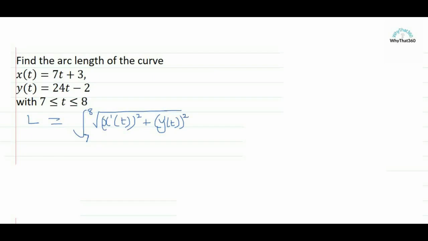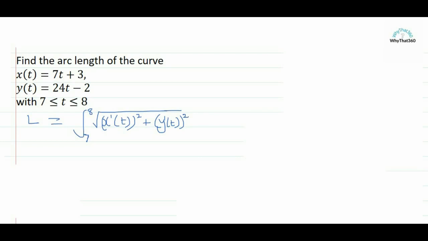Looking at the formula, it wants us to first differentiate the function x and the function y, and after that we square both of them, we take the square root, and then we integrate over the limit.